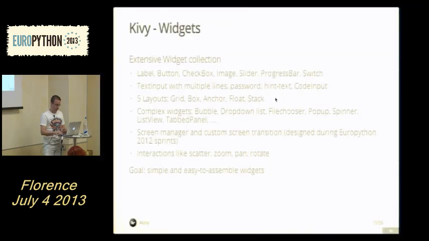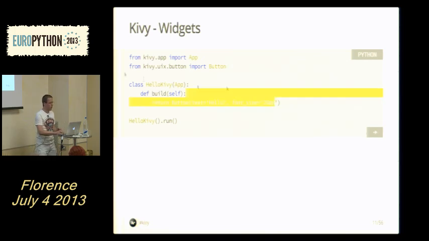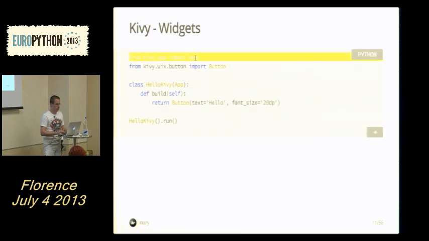All right. So how does it work? This is a very simple hello world, the same as we have on the website. Here you will just import the application class named App. You will import a button from the UIX module, which contains all the widgets.